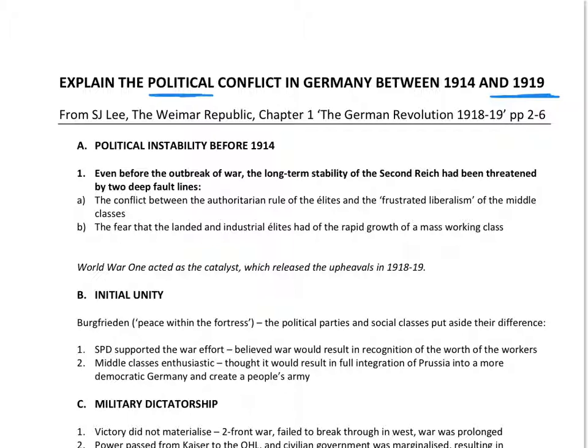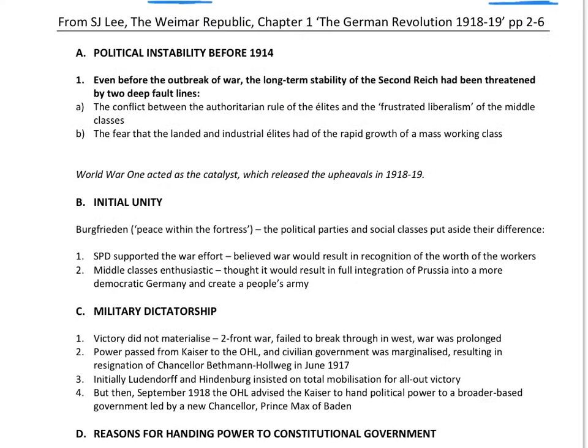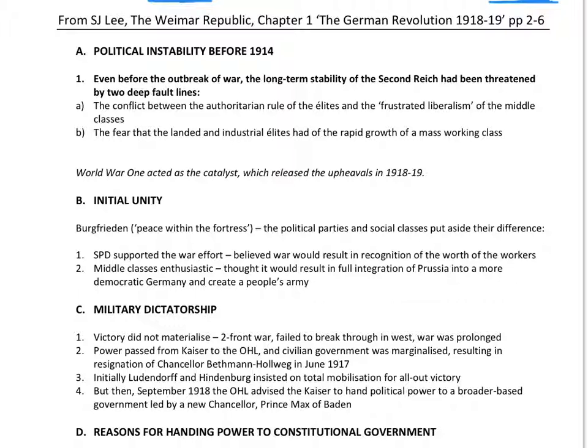Okay, so as you can see, he starts off looking at the situation before 1914, the political instability, of which I've already recorded a couple of podcasts on previous essays that look at this in detail. So just the essential points.